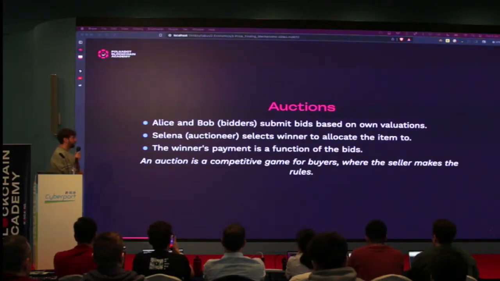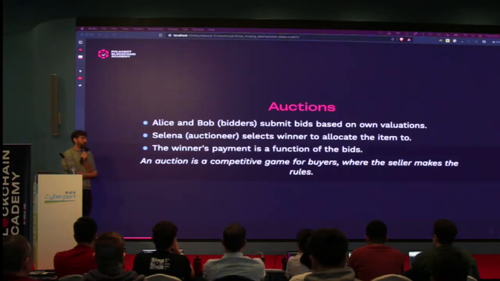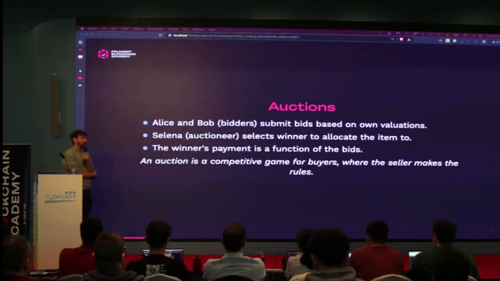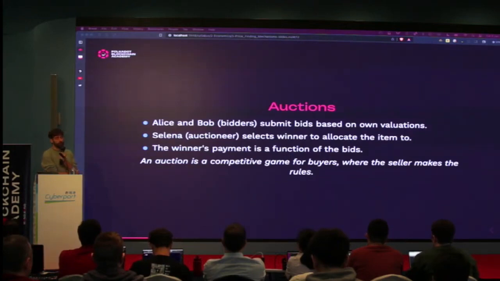The rule is that Selena, the auctioneer, selects the winner to allocate the item to. The winner's payment is a function of the bids, so whoever wins has to pay by some rule of their bid. There are some different rules which we will look at.